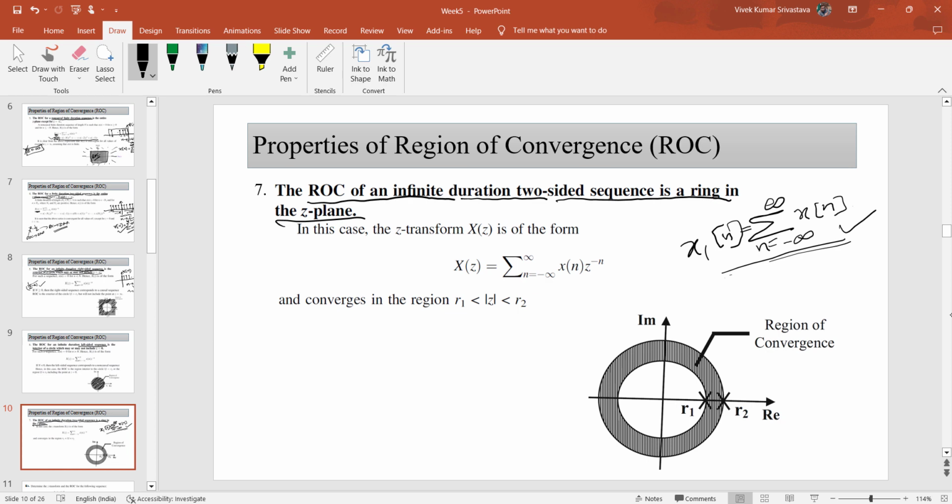This sequence contains both positive values of n and negative values of n, and n goes to infinity, so this is known as an infinite duration two-sided sequence. For this kind of signal, once you plot the ROC, you will get that the ROC is a ring shape. Here I have plotted the ROC in the form of a ring.